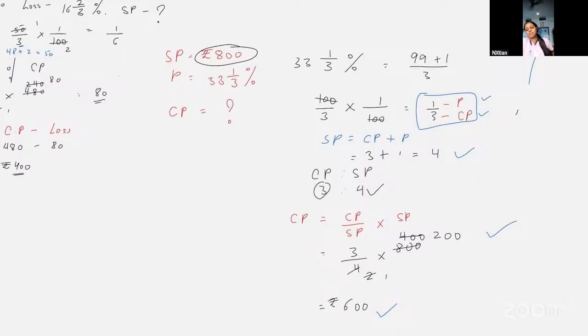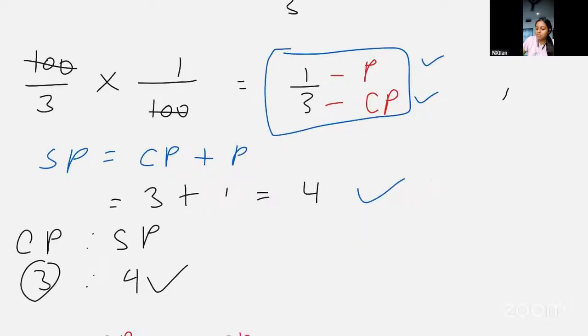For example, this is cost price, which is 3. Suppose instead of profit, it was loss.